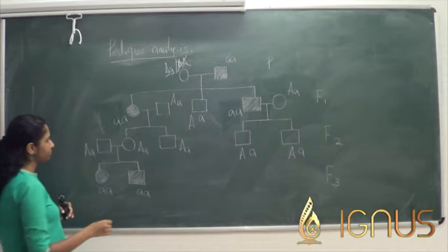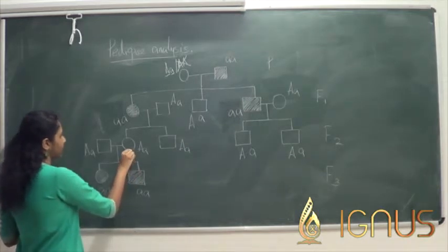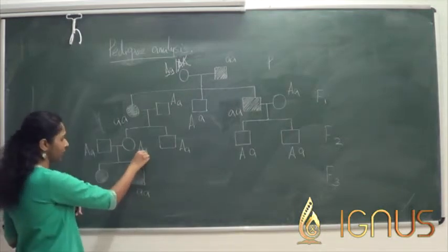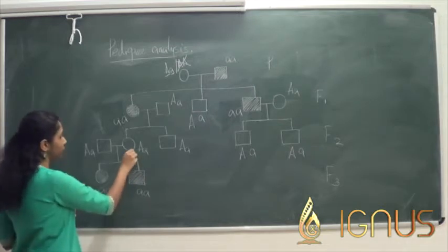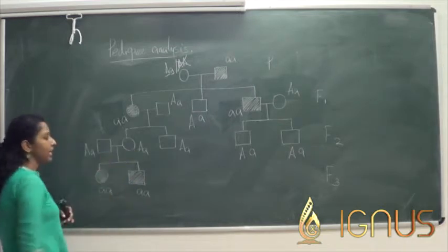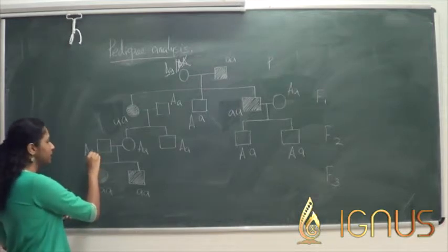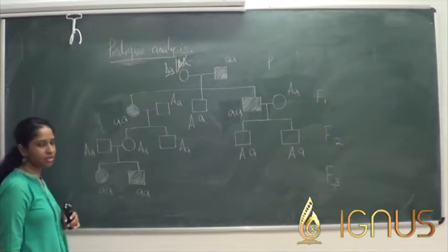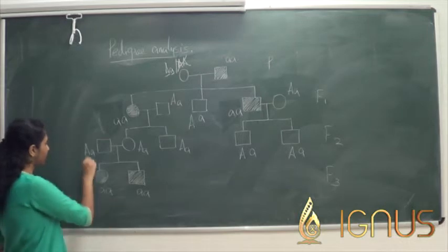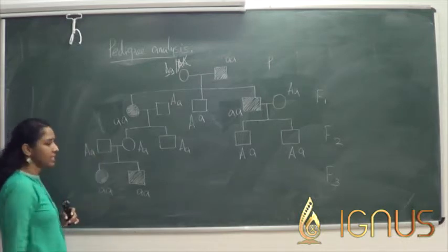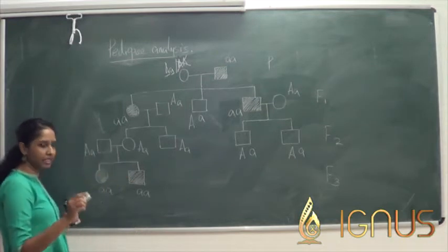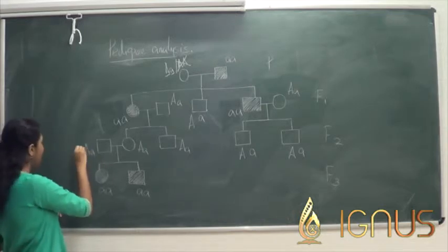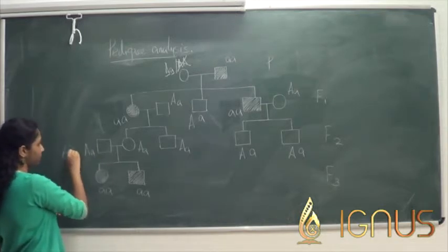Now going back here, imagining that this female has a heterozygous genotype. She cannot be homozygous recessive, because then she would be affected. Here the male cannot be homozygous recessive either, because then he would be affected. He can be heterozygous, wherein one allele is dominant and the other is recessive. Now this can go both ways, meaning that he can have a dominant allele and a recessive allele, or he can have both of them dominant.